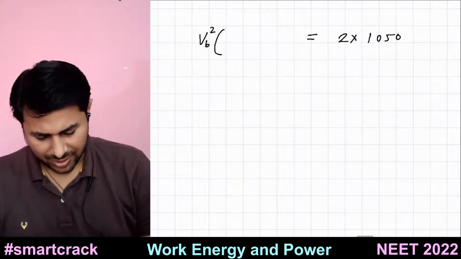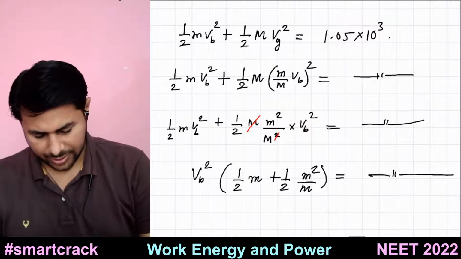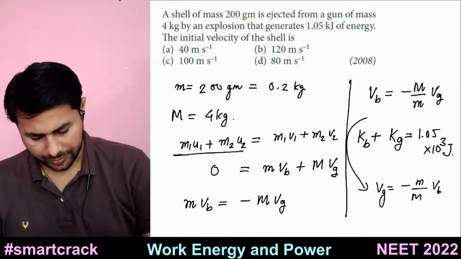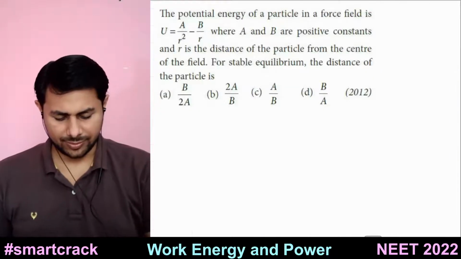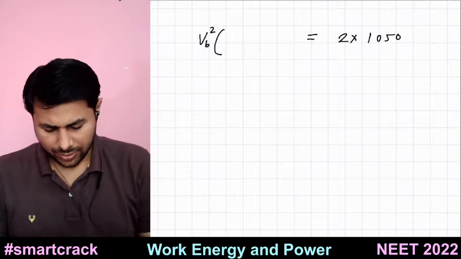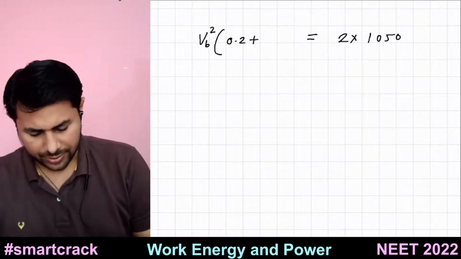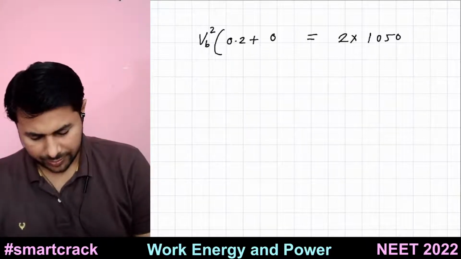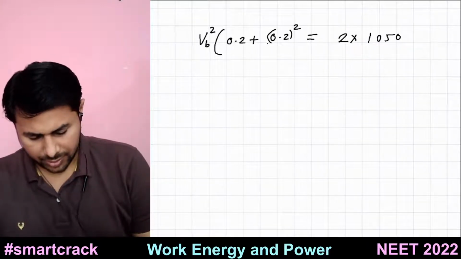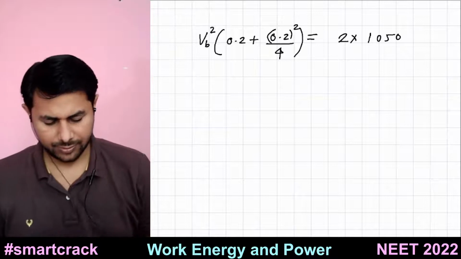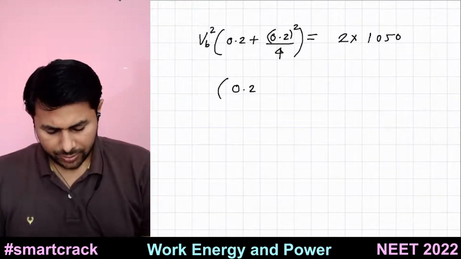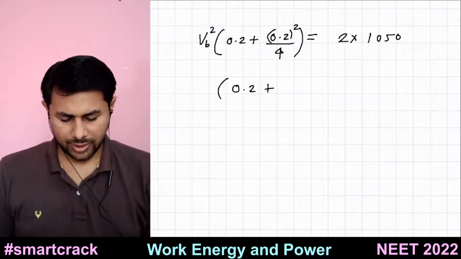So how much is mass of bullet? Mass of bullet was 0.2. Mass of gun was 4. Let's substitute: 0.2 plus 0.2 square divided by 4. What is 0.2 square?